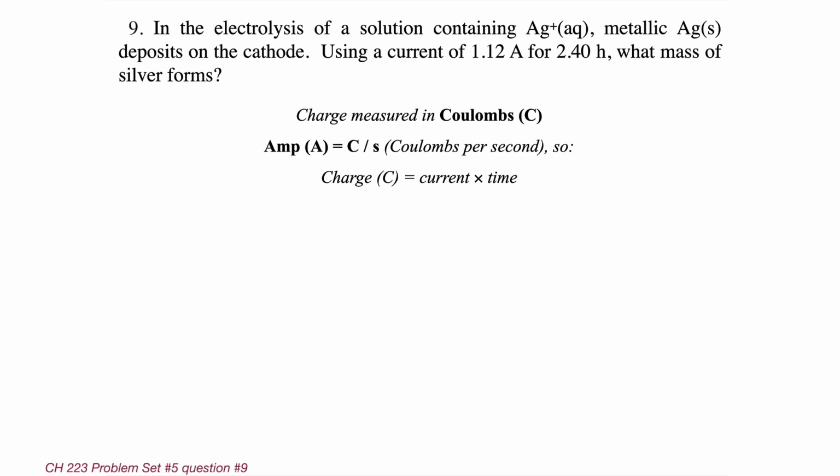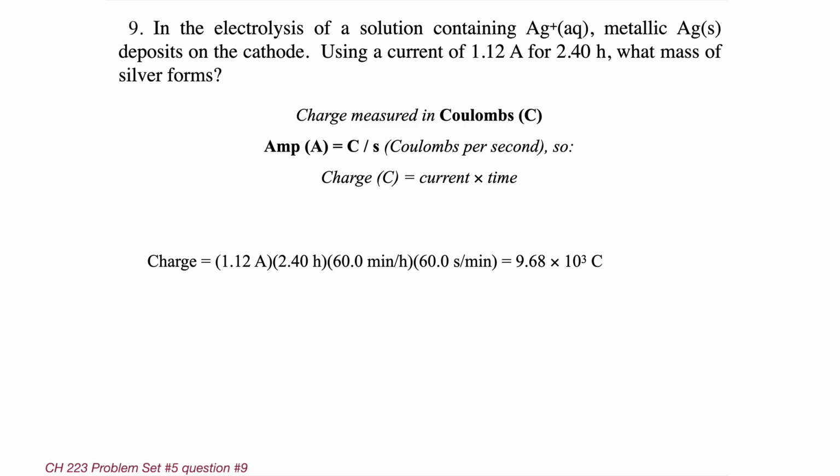Amp isn't very helpful for chemists, but coulombs are. So 2.40 hours, that's a time, and we can turn that time in hours into a time in seconds. And if you do that, you'll end up with so many coulombs of charge that are being placed inside the silver ions to make silver metal.